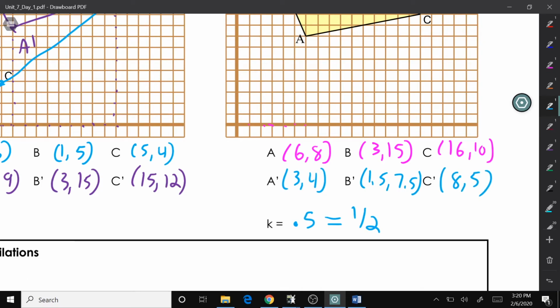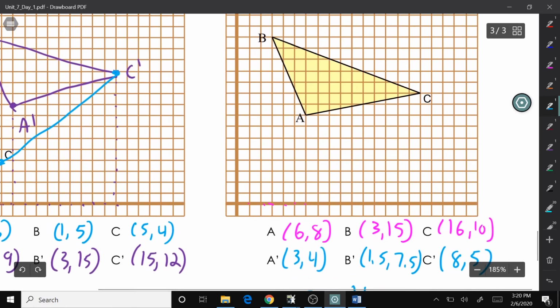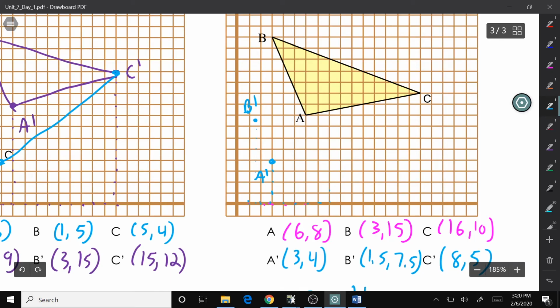So we can plot those points now. (3, 4). This is A prime. B prime is (1.5, 7.5). That's B prime. And then (8, 5) will be C prime. And this is our reduced triangle.